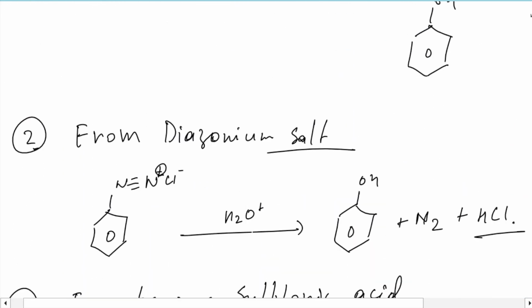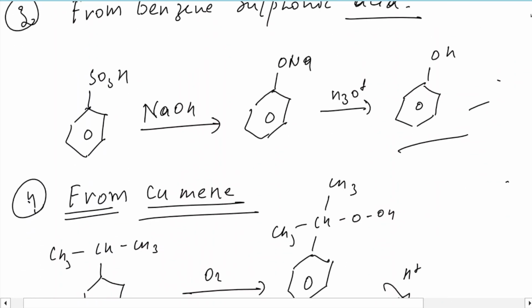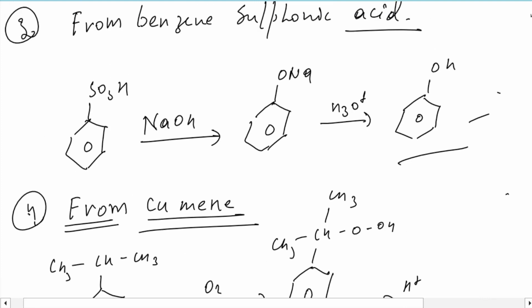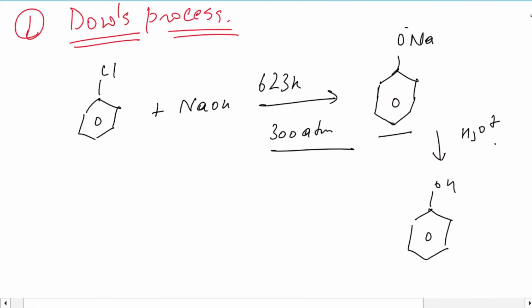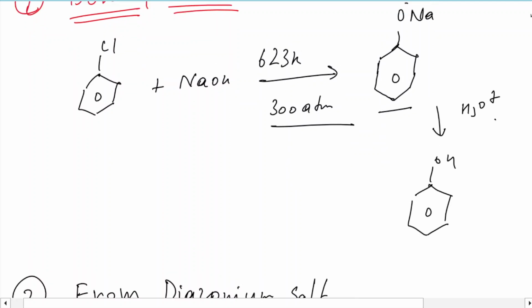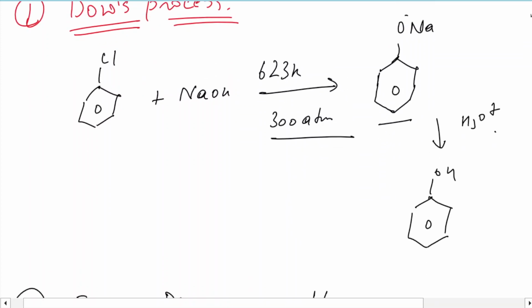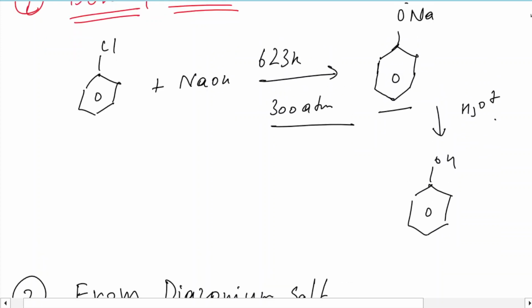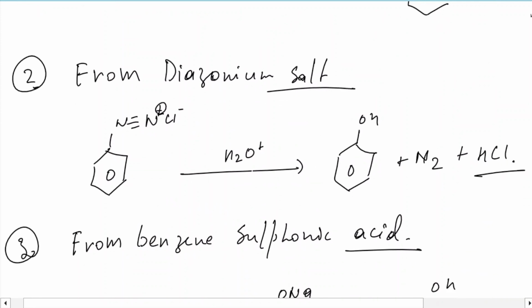So in all the four reactions, we have used hydrolysis. We have hydrolyzed something that's yielding phenol. In the first, we hydrolyzed sodium phenoxide, which was prepared by the reaction of chlorobenzene with NaOH at 623 Kelvin and 300 atm. That's Dow's process. In the second reaction, we hydrolyzed diazonium salt.